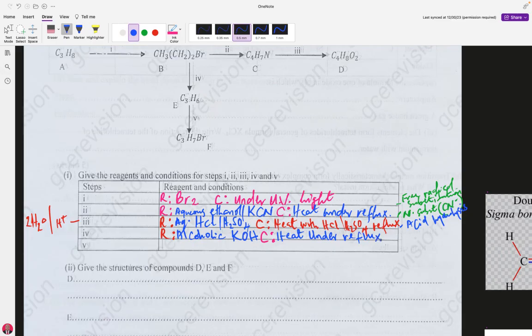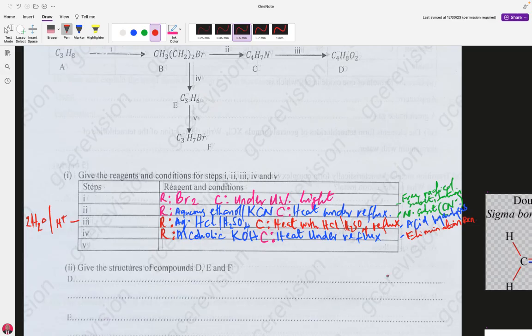Heat under reflux. Remember, this is an elimination reaction. This is for the purpose of revision, please. It's not in our answer. It is an elimination reaction because a molecule of water is being released.